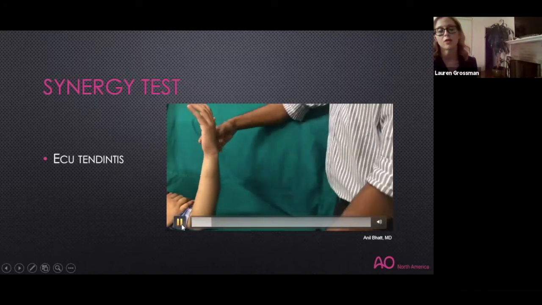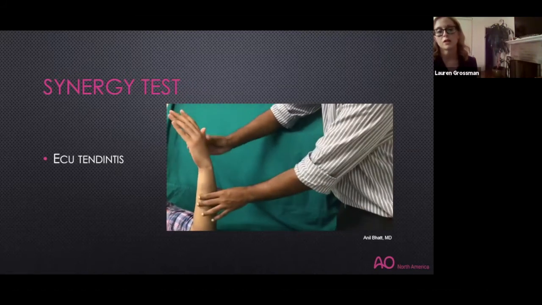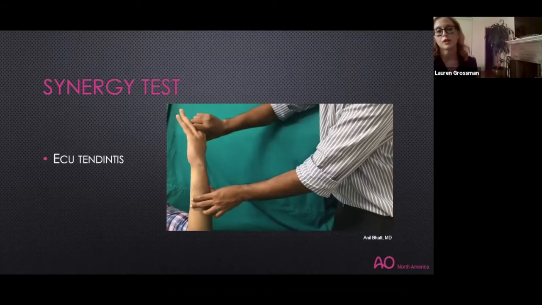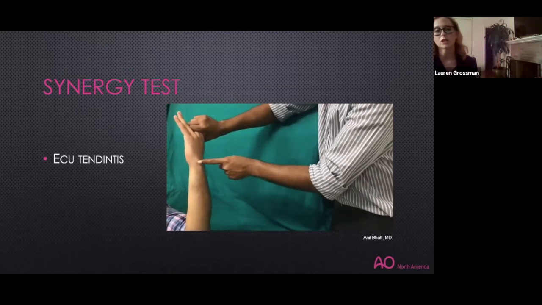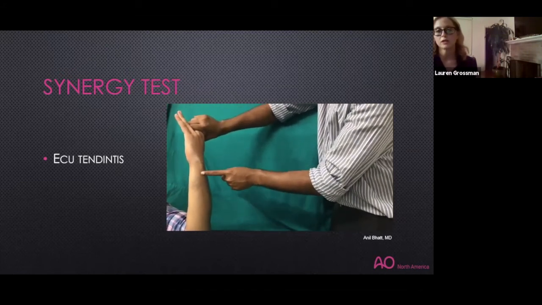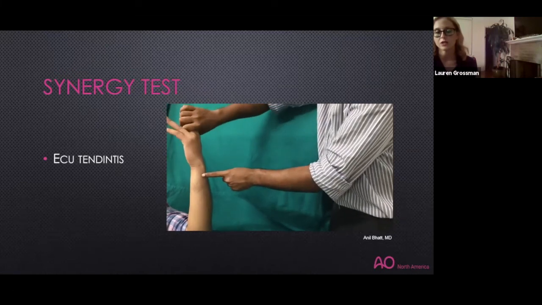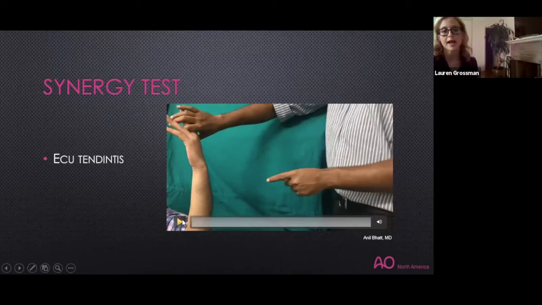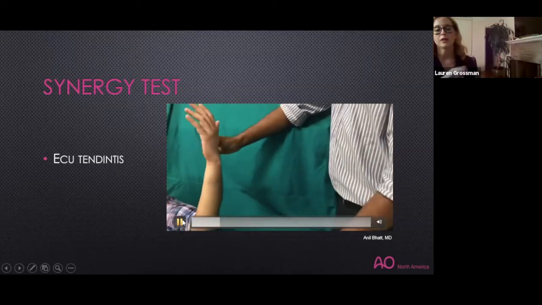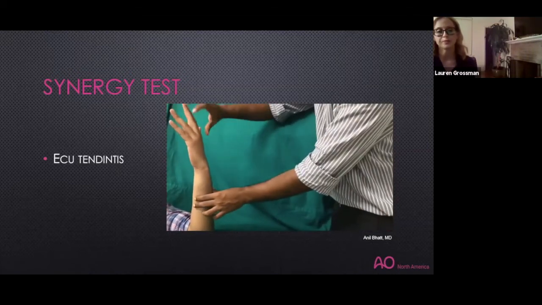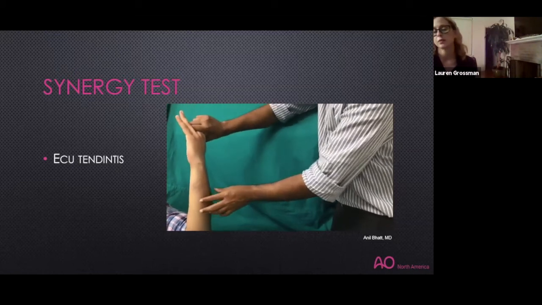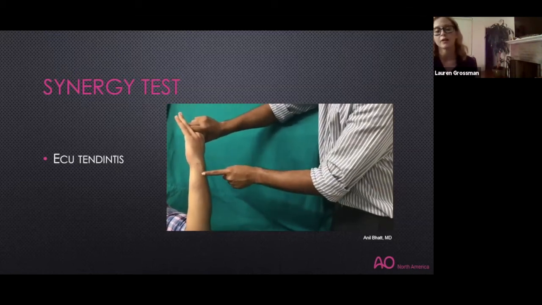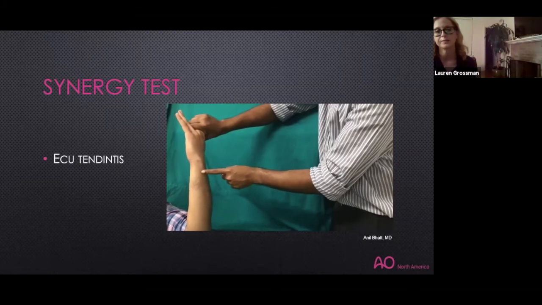So you put the arm in pronation, you hold the radial fingers, and you hold it in radial deviation, and there he's pointing out the ECU tendon. You have the patient then open up those fingers against you, and the patient ends up complaining of pain in that area, and that's diagnostic.